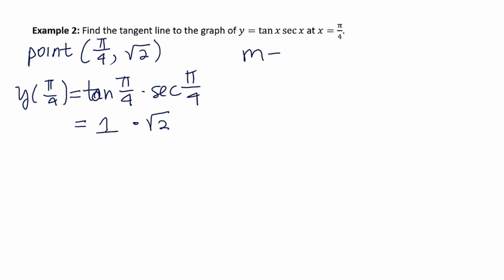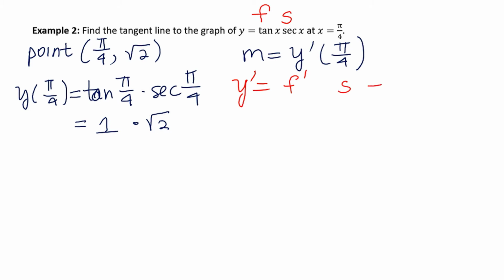The slope we obtain by finding the derivative first and then evaluating the derivative at the desired x value, which is pi over 4. Notice that with the derivative we have first times second, so in order to find the derivative we need to find the derivative of the first times the second plus the first function times the derivative of the second.